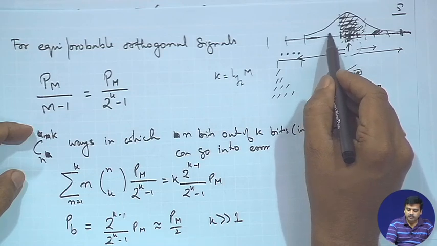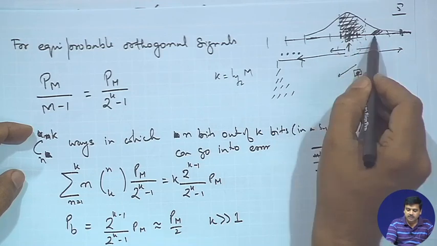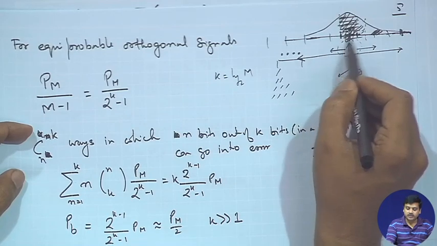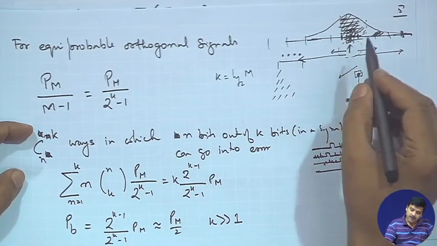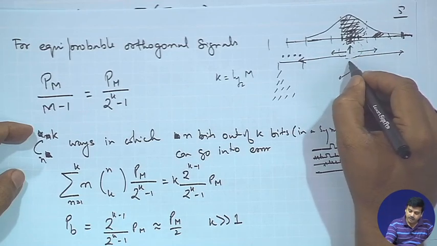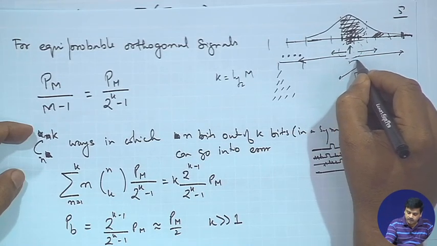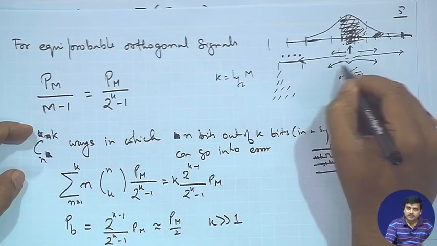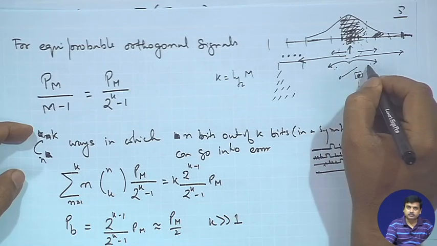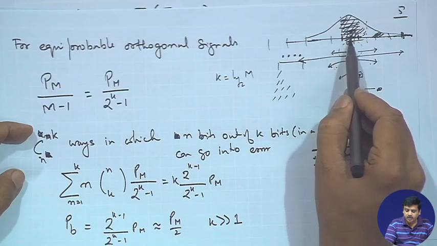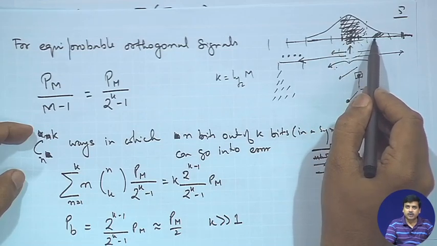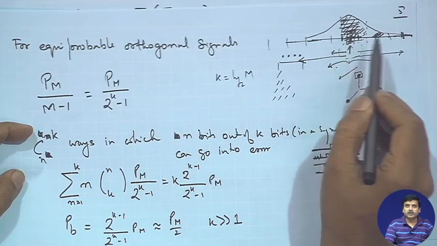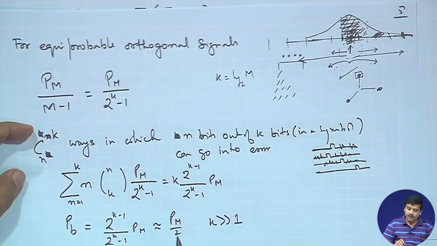Now, probability of becoming any of the neighbors is generally less than probability of remaining by itself. So, that is how we design communication systems. And remember, we had considered gray coding. That means, if one makes a mistake by going into the neighboring symbol, there is at most 1 bit error. So, that means, probability of making 1 bit error is much more than probability of making 2 bits error, than probability of making 3 bits error, and so on and so forth, right.